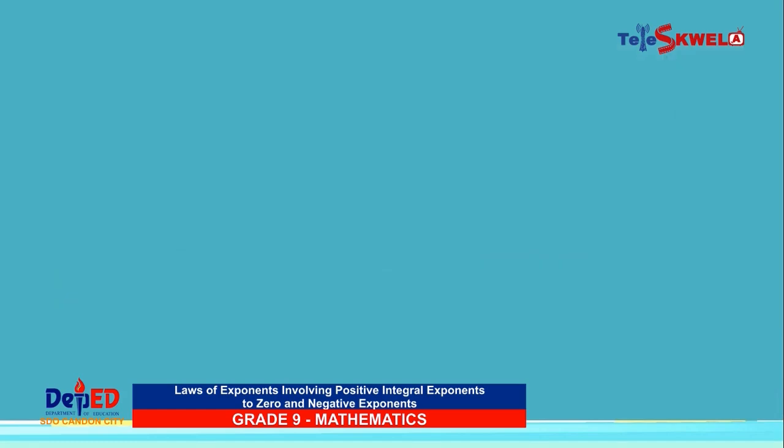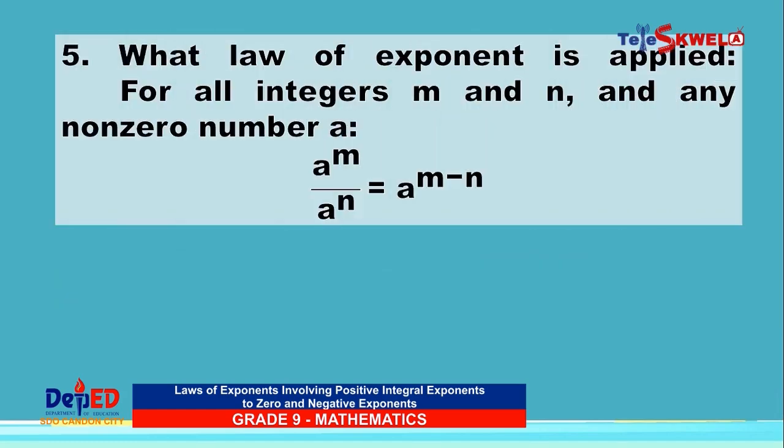Number 5, what law of exponent is applied for all integers m and n and any non-zero number a raised to m all over a raised to n is equal to a raised to m minus n.